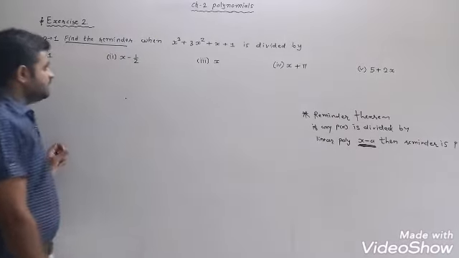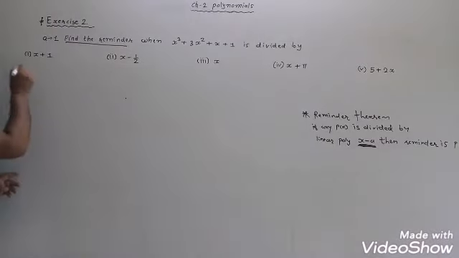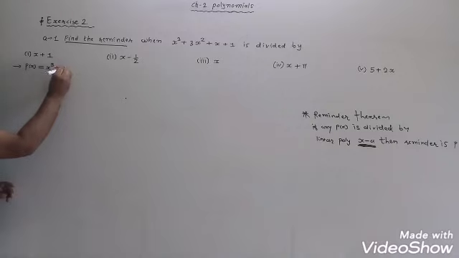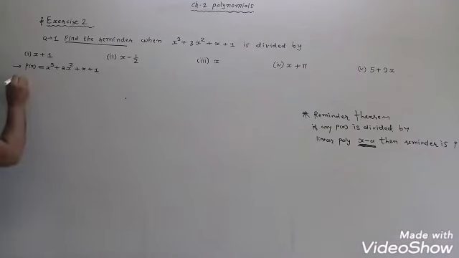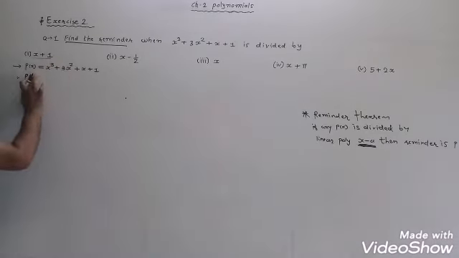Now the first question. It is our polynomial p of x. So I write here p of x is equal to x cube plus 3x square plus x plus 1. Clear? Now I have to find the remainder. Here it is x plus 1, then I have to write minus 1.